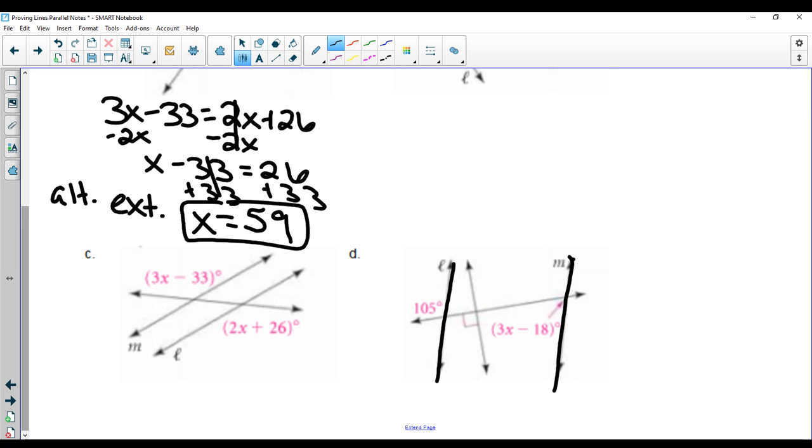So our transversal is right here. Can we find a relationship between the 105 and the 3x minus 18?